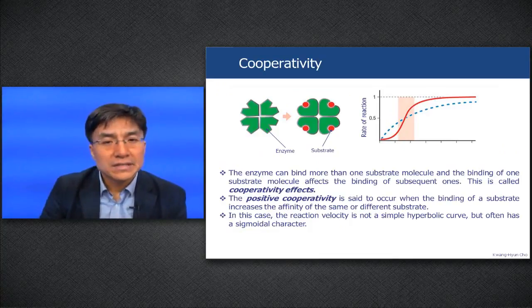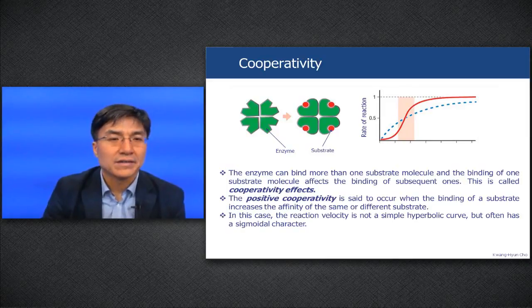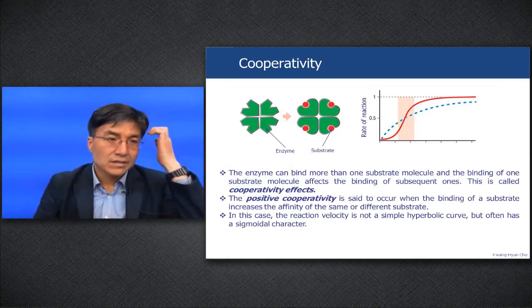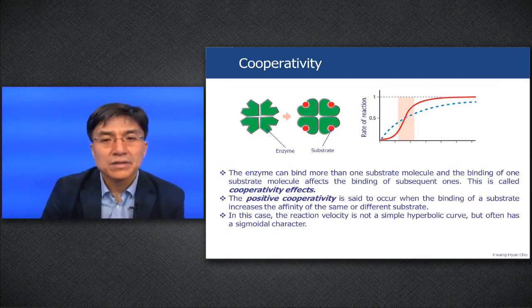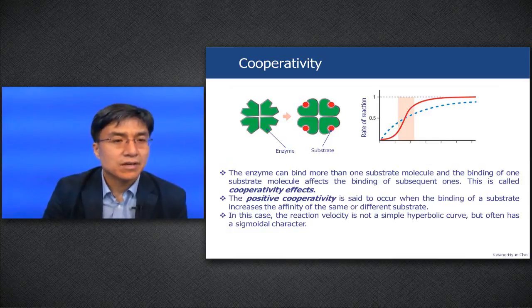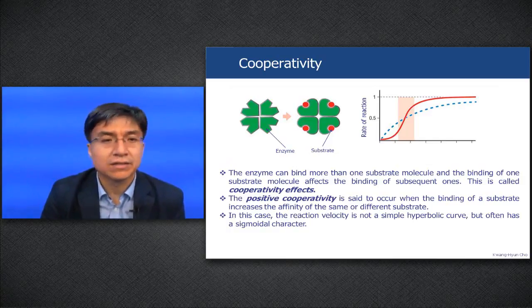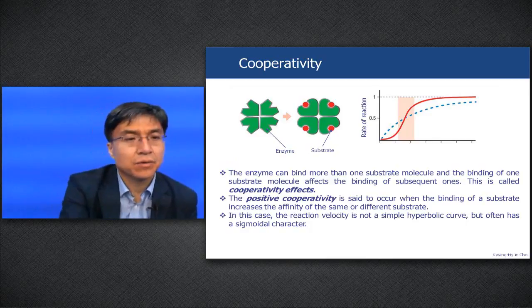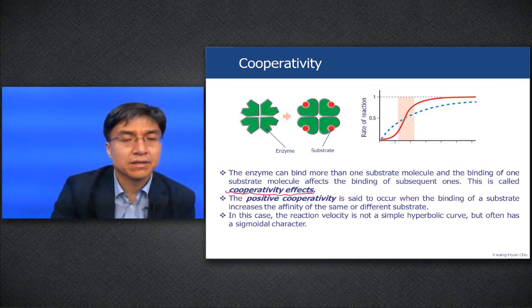Not only a single binding of inhibitor and enzyme and substrate. The enzyme can also bind more than one substrate molecule, and the binding of such substrate molecules can affect the binding of subsequent molecules. This is called the cooperativity effect.